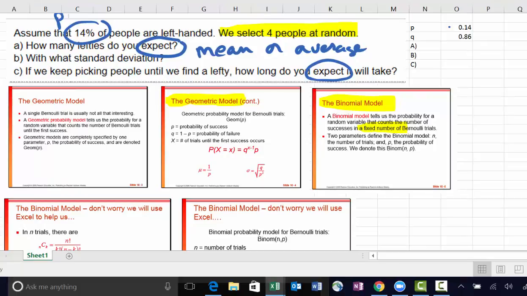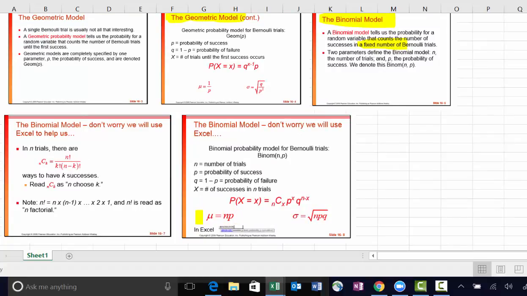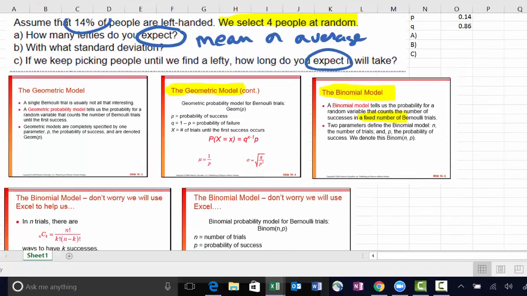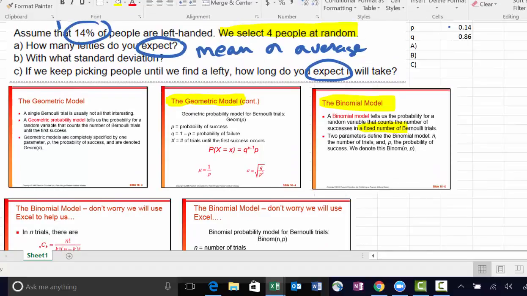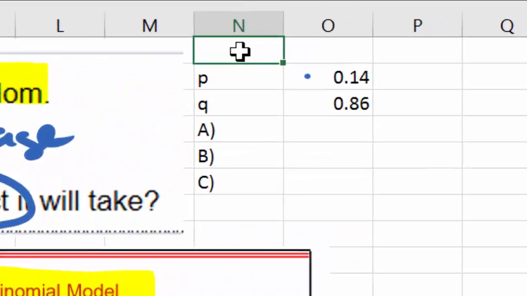So the expectation, how many lefties do you expect in the binomial, is what is the mean for the binomial. The mean for the binomial is n times p. So you just take the number in the trial, which here is 4, and multiply by the probability of success, which here is p. So coming back up here, we might want to put what n was here.